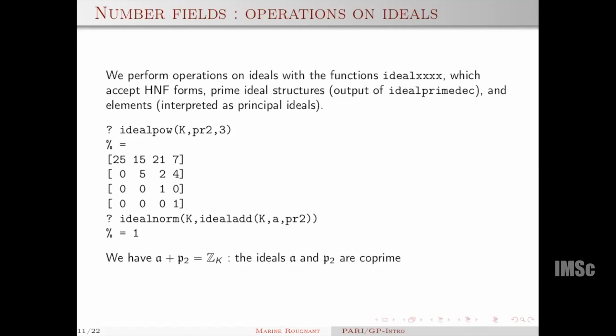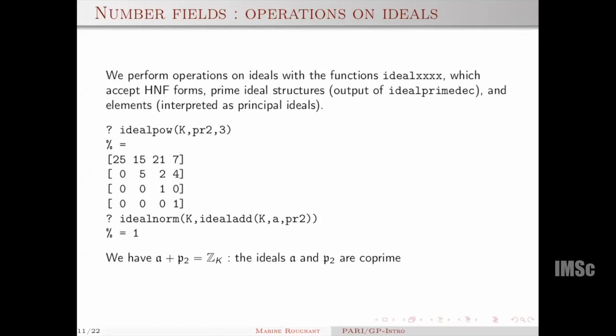So you can also do some operations with your ideals using idealsomething. So idealpow is to compute the power of an ideal. So here, for example, we are computing P2 to the power of 3. Then you give the number field. P2 was my second prime ideal above 5.